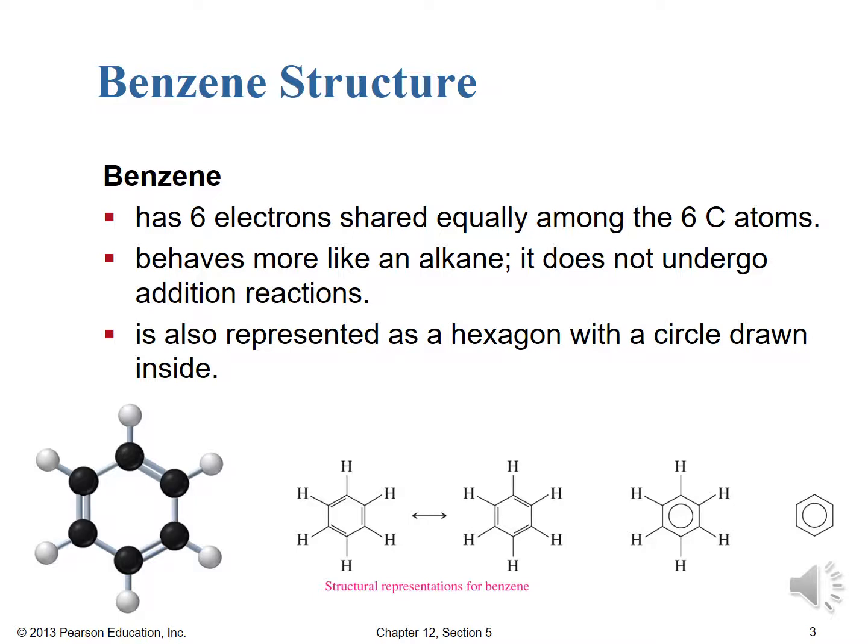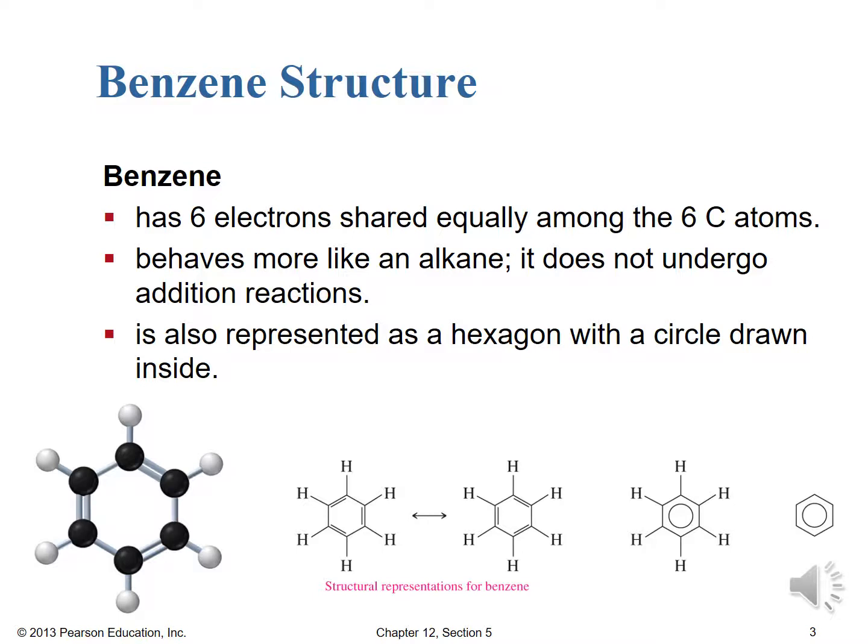It behaves much more like an alkane, so it doesn't undergo addition reactions where we would expect something with true double bonds, as we've seen, to undergo addition with either hydrogen or the halogens, as we mentioned earlier on in this chapter. Here, benzene, although we show it as alternating double and single bonds, is not nearly as reactive as true double bonds would be.